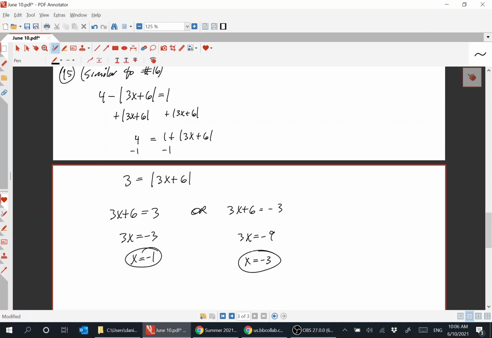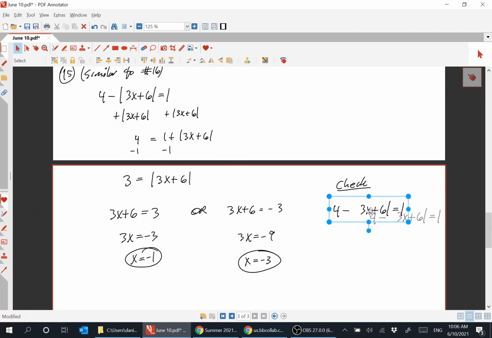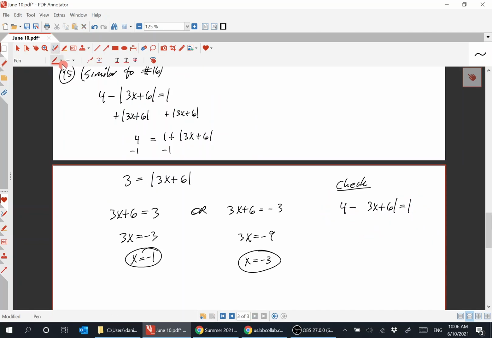If you want, you can check them. Take the original equation, and you can plug those values in. So plugging in x equal to minus 1, I have 4 minus the absolute value of minus 3 plus 6, equals 1.